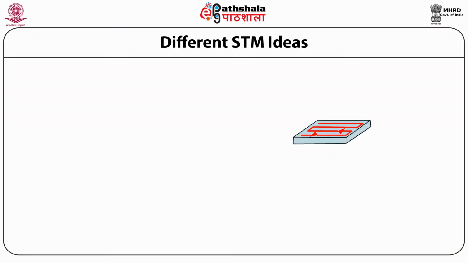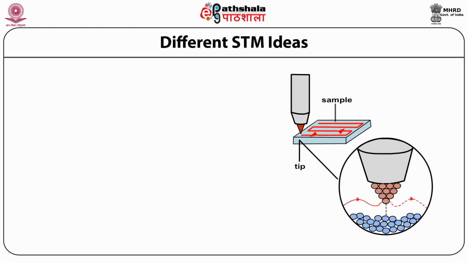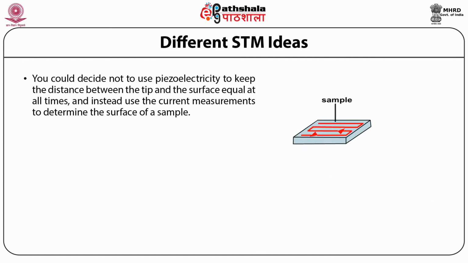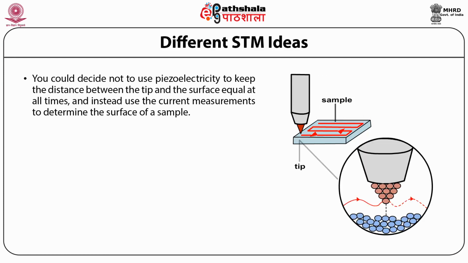Now there are different STM ideas. So students, you could decide not to use piezoelectricity to keep the distance between the tip and the surface equal at all times, and instead use the current measurements to determine the surface of a sample.